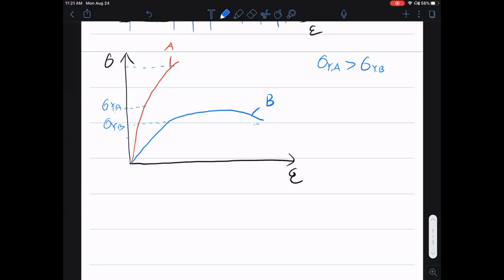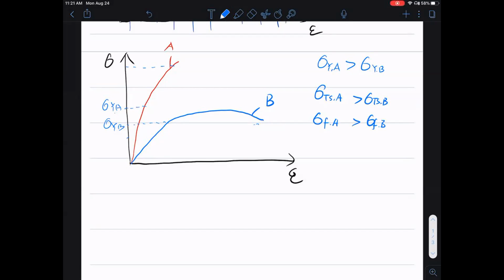Okay. And my question for you is, which material is tougher? So you tell me all of those strengths, A is higher than B in tensile strength, yielding strength, fracture strength.